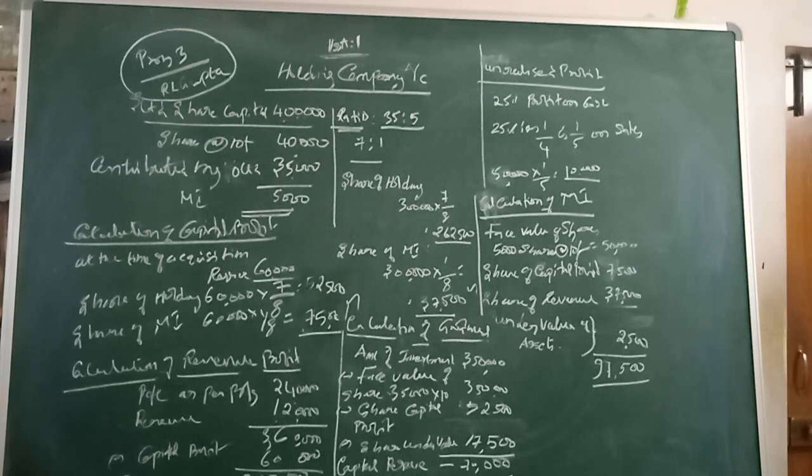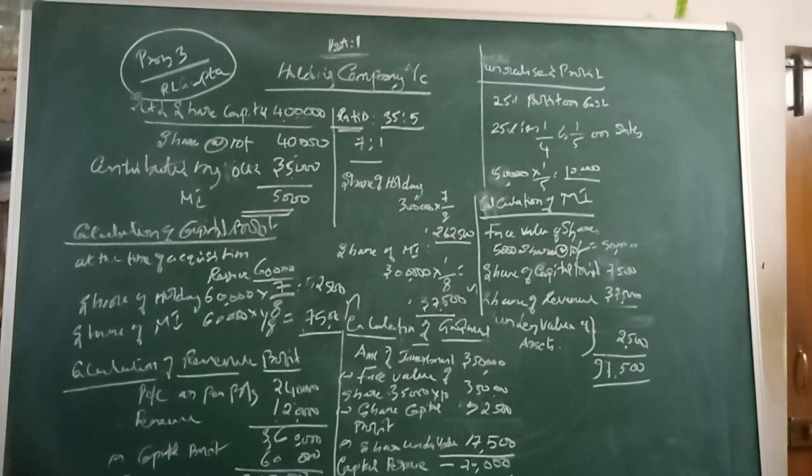The holding portion is taken for the computation of goodwill, as well as the minority. The total amount is 20,000, which is apportioned based on 7 is to 1.